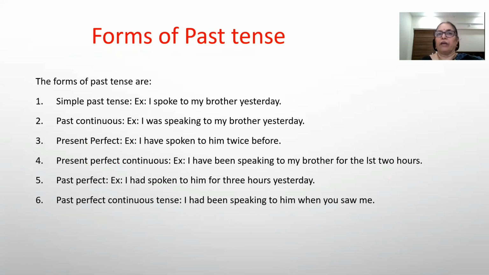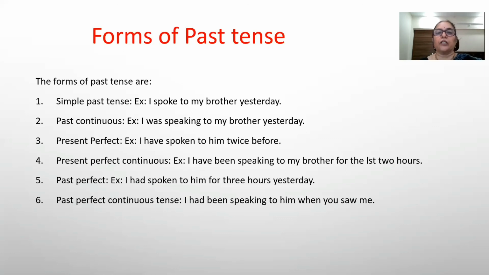Yes, children. Now, after going back over everything, did you observe that the forms of past tense, that means the work which has already been completed, you can use in all these 6 tenses. Simple past, already over. I spoke to my brother yesterday. And past continuous tense, I was speaking to my brother yesterday. And present perfect, here also, the action just completed.